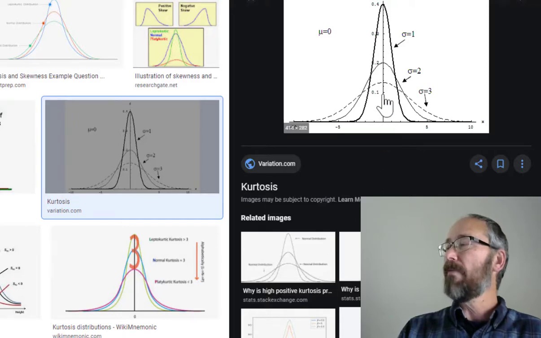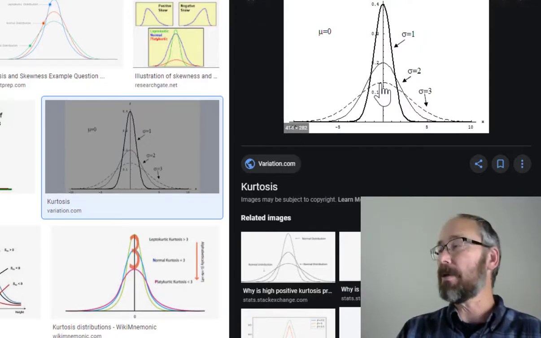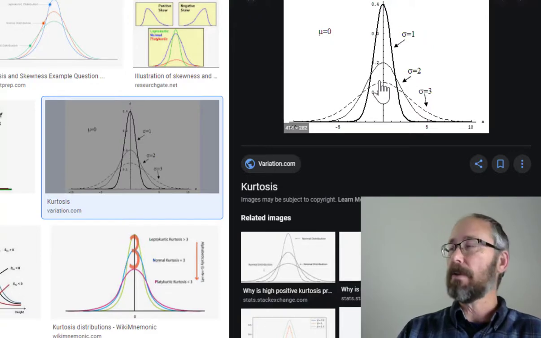So we have one that is more flat here, meaning that the flatter it is, the more we have in the tails in comparison to that center. And then we have one that has more of a peak here, and this would be a negative, I'm sorry, the flatter one is a positive kurtosis.